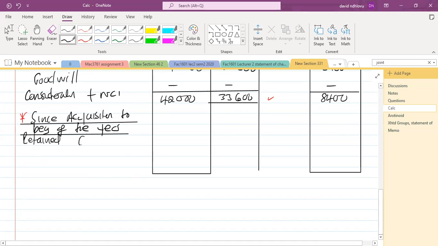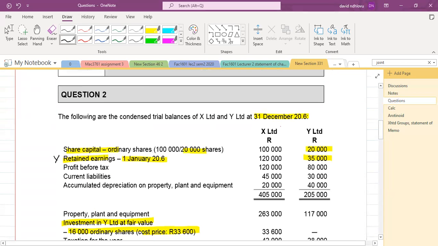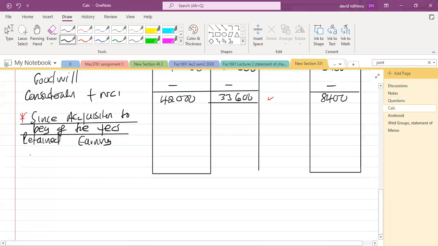Right, remember retained earnings represents profit that we have kept. Retained earnings actually increase our equity. So we need to go back to the question and say, on the day of the beginning of the current year, which is 1 January of the year 2026, what is our retained earnings figure? 35,000.